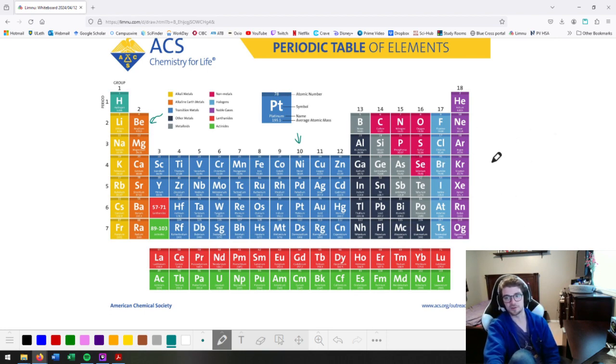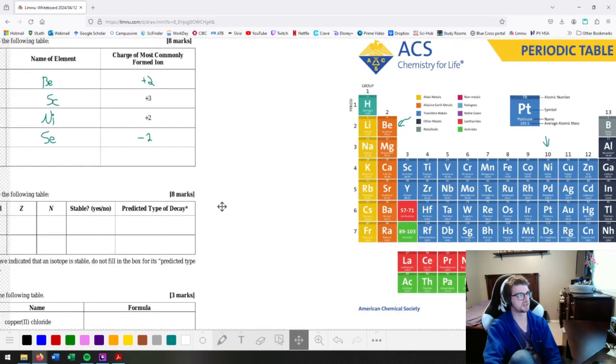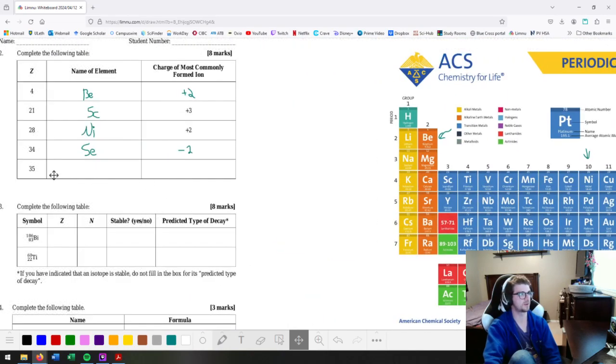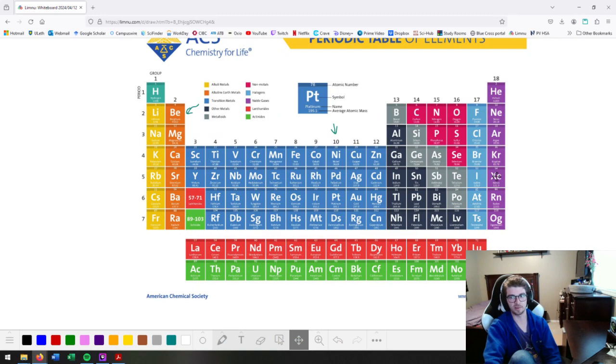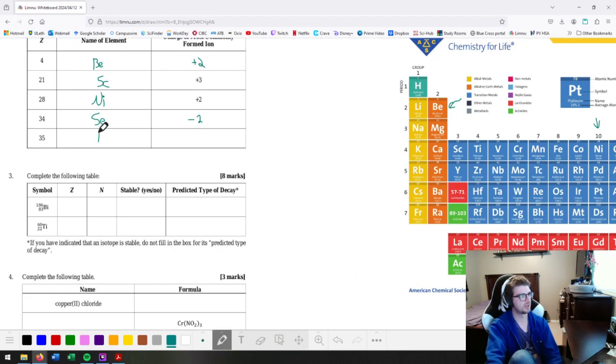Because gaining 2 electrons is a whole heck of a lot more energetically favorable than losing 6 of them. Very, very different propositions between those two. So it's by far the most common to have selenium in the -2 state. And the next one over is 35, and that's going to be bromine. And bromine, as with all of the halogens, is most stable in the -1 state.